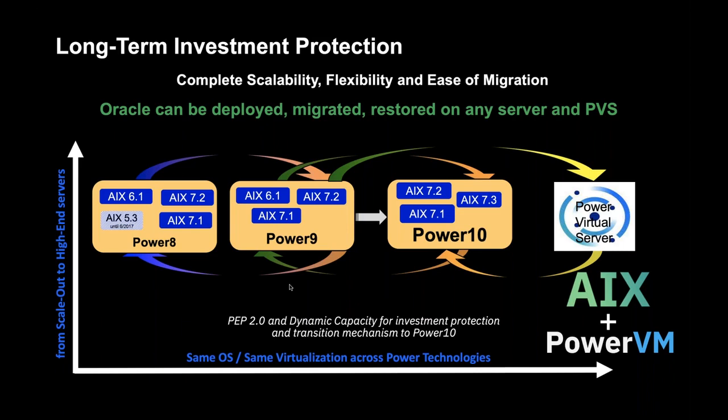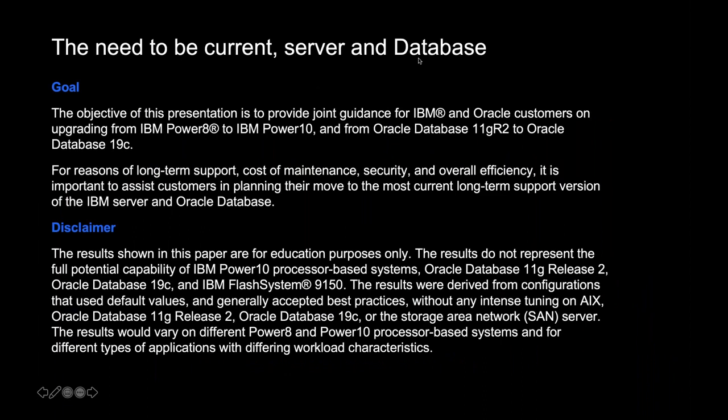And of course, all those environments can move seamlessly over to the Power Virtual Servers, which use the same operating system, PowerVM, as you have available today on your on-premises systems. So it's a very important ability to migrate along and stay current. So why do we need to be current?